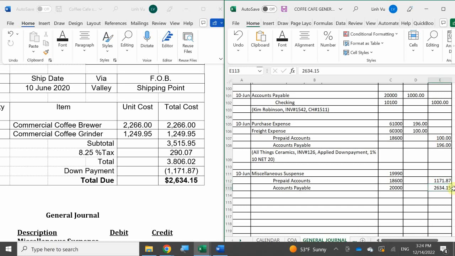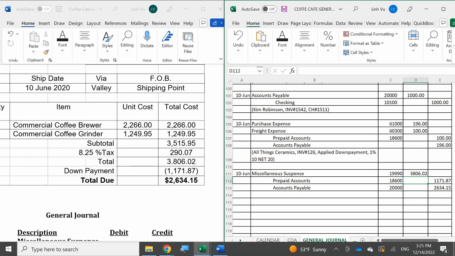So therefore, my entire original amount that I'm putting in with both coffee brewer and coffee grinder is going to be $3,806.02, right? And that is also on your bill too. They had the total and then they took the down payment out. Okay? So, that is that there.